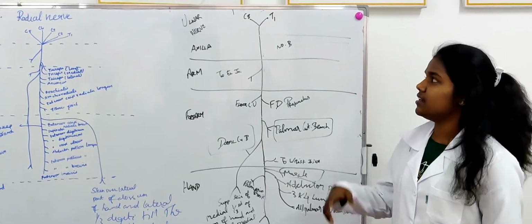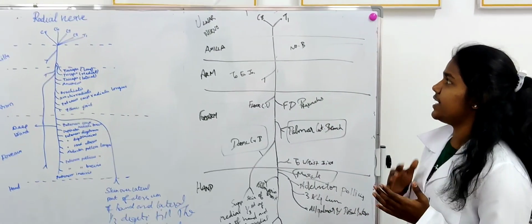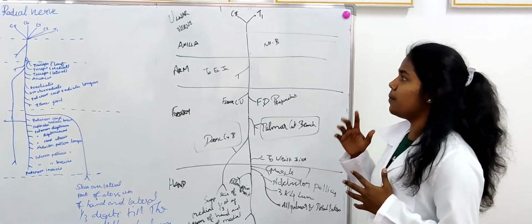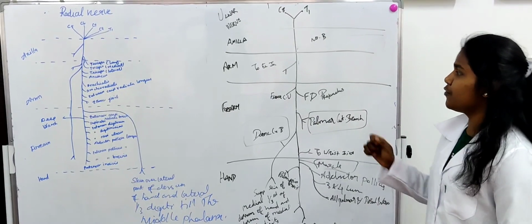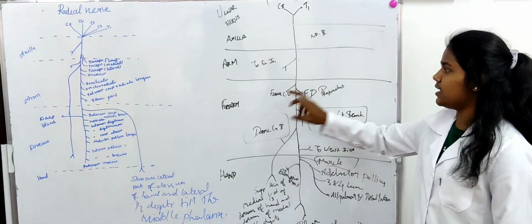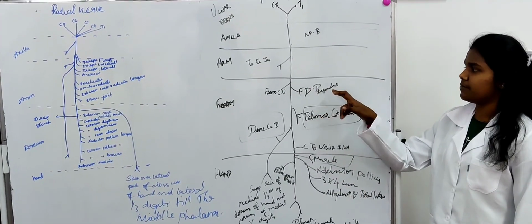That's all. Ulnar nerve: the root value is C8 to T1. In the axilla it has no branch, but in the arm it gives a branch to the elbow joint, and then in the forearm it gives flexor carpi ulnaris and flexor digitorum profundus.